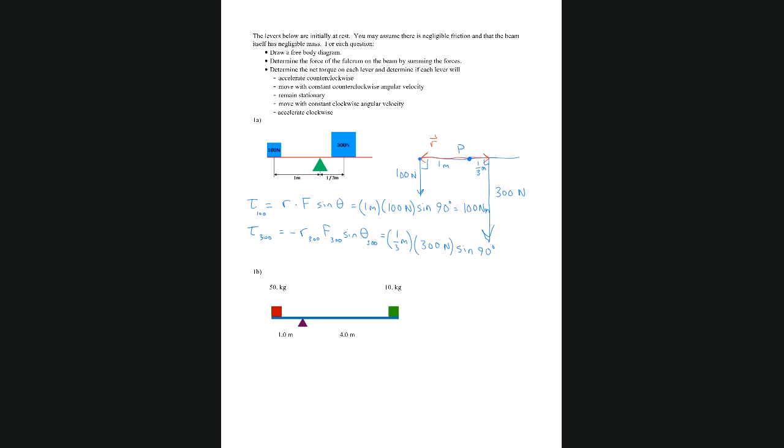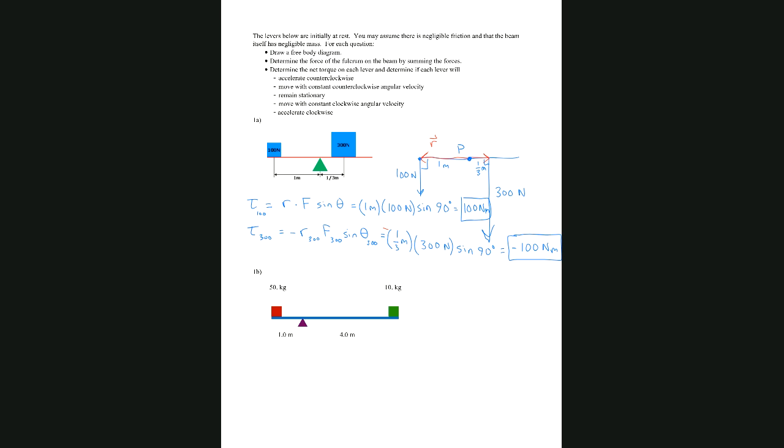I also have to make sure to put a negative on this one. So if you multiply that on a calculator, you'll see it's negative 100 Newton meters. So what this shows is that the torques are actually equal and opposite in this problem.